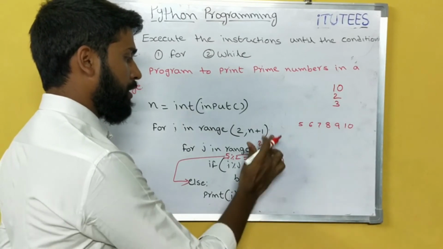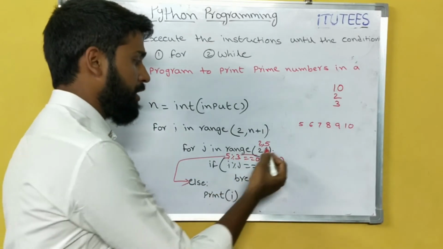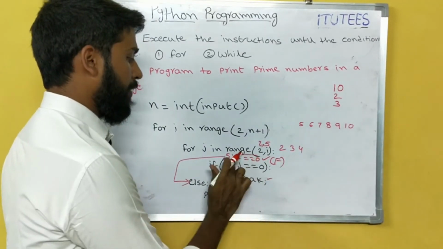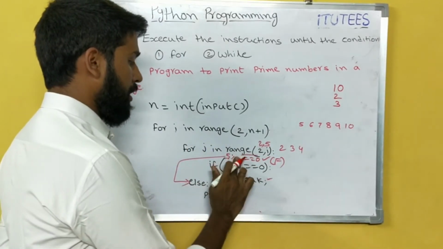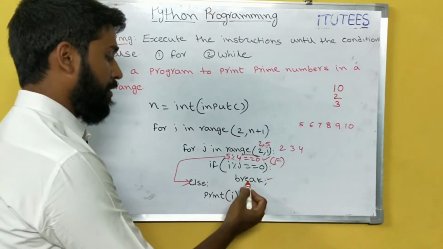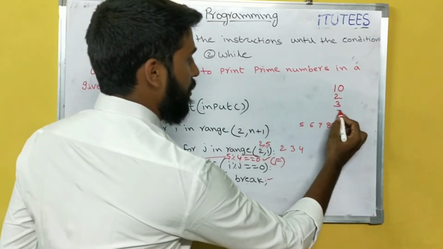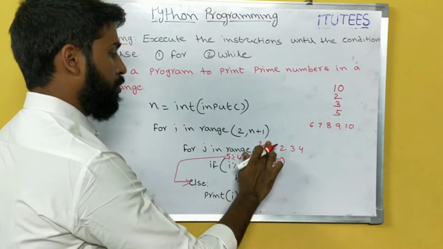False. Next 3, that means range of 2 comma 5 means 2, 3, 4. 5 % 3 equals 0? False. 5 % 4 equals 0? False. We don't execute this break. So enter into the else. Print i. What is the i value? 5.